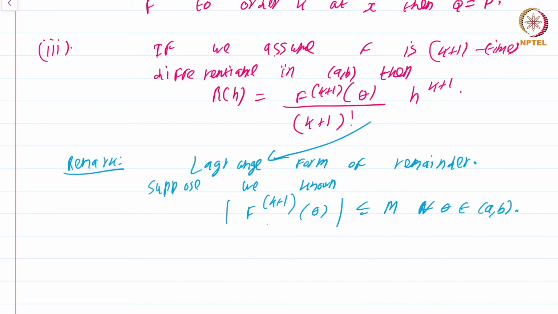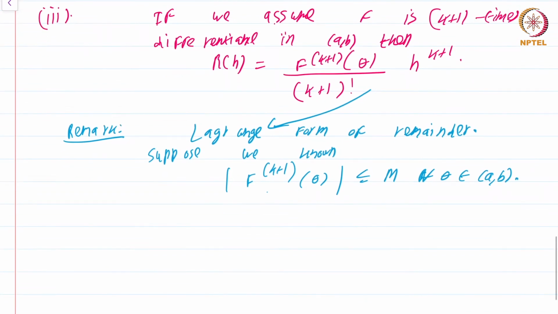So in many functions, we do know such data about any derivative. So we have mod f of k plus 1 theta is less than or equal to M when theta comes from AB. So modulus of R of h is going to be less than or equal to M by k plus 1 factorial times mod h power k plus 1.